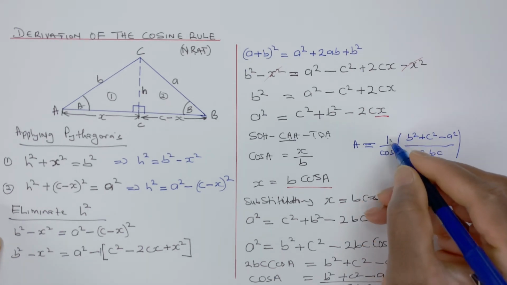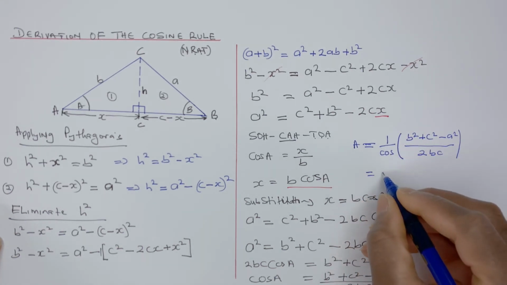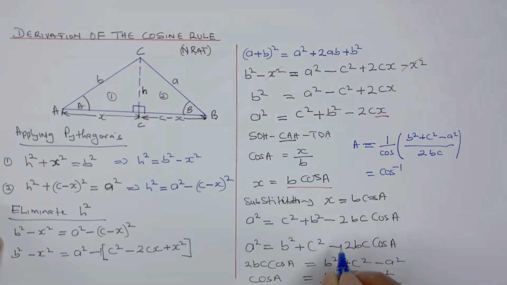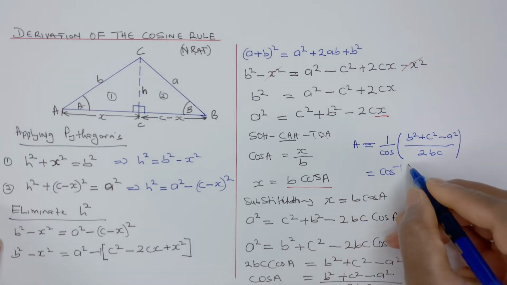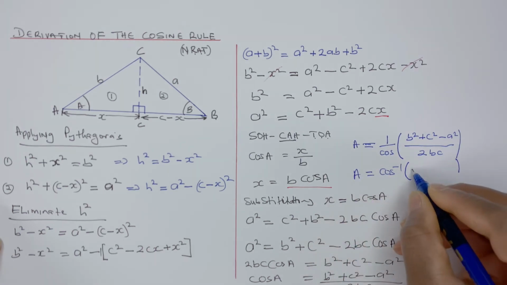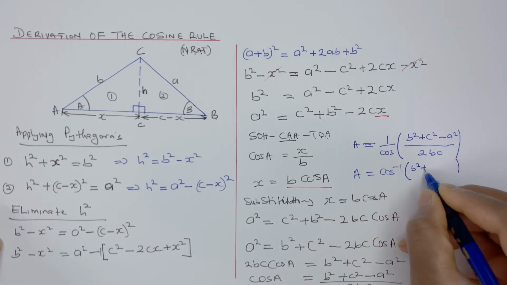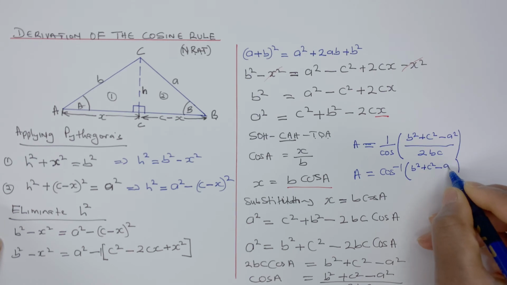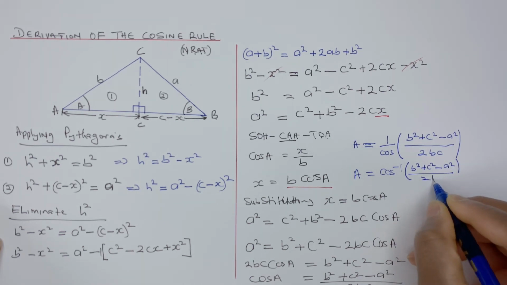And that in indices is what you call cos inverse. And that's how you find a, the angle.